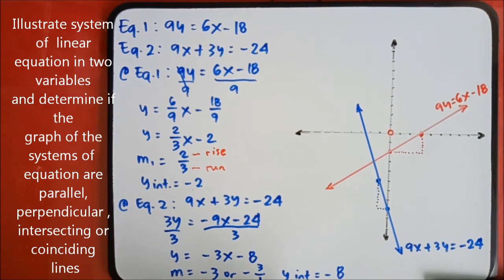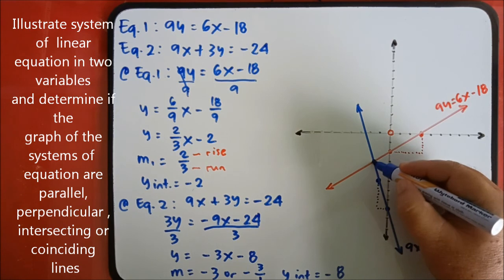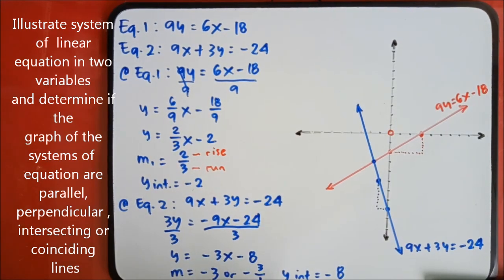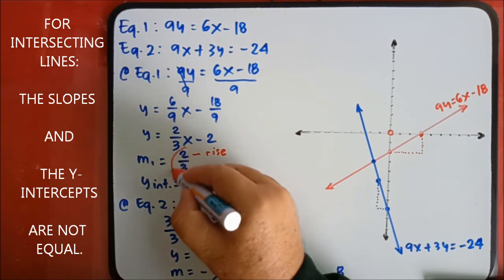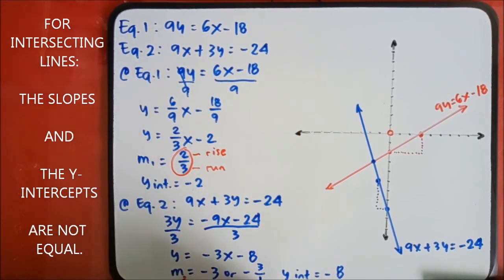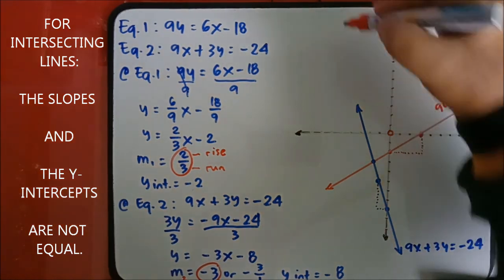Now, what did you notice? The system of linear equations is just intersecting. They only intersect; they are not parallel, not perpendicular, and did not coincide. Then, what did you notice about our equations? The slopes, m sub 1 and m sub 2, are not the same.